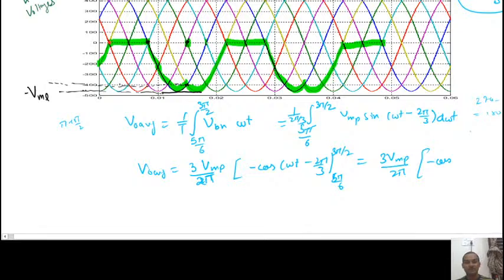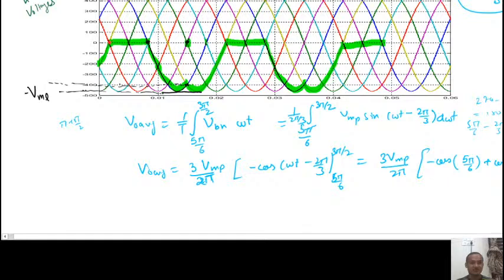It will be minus cos 5 pi by 6. And plus cos, you now put 5 pi by 6 minus 2 pi by 3, that is 150 minus 120, which is simply pi by 6. What is that value? Just calculate it.